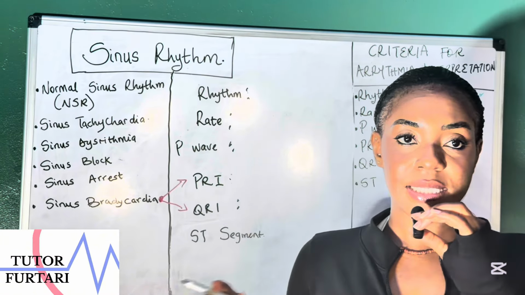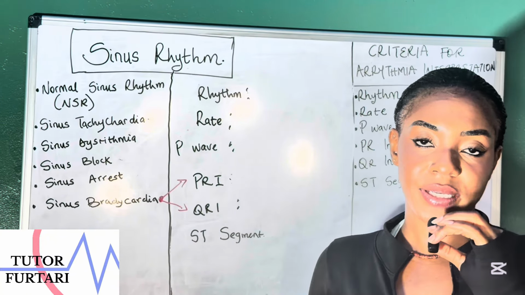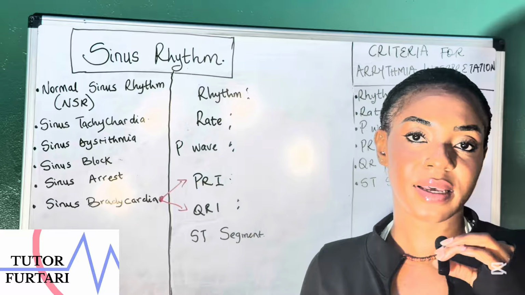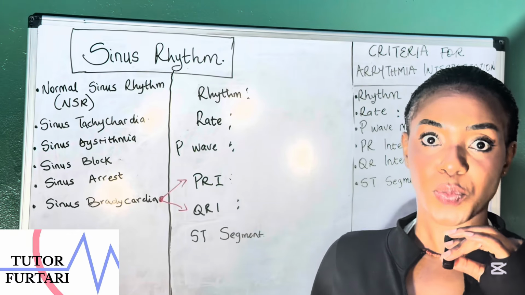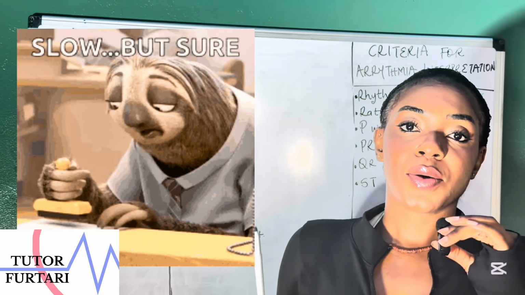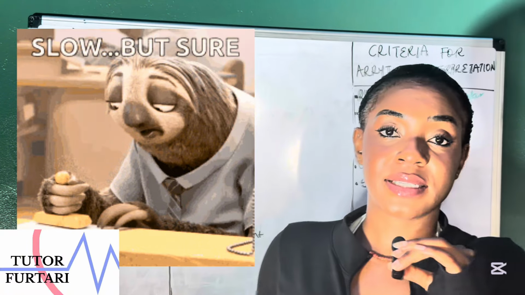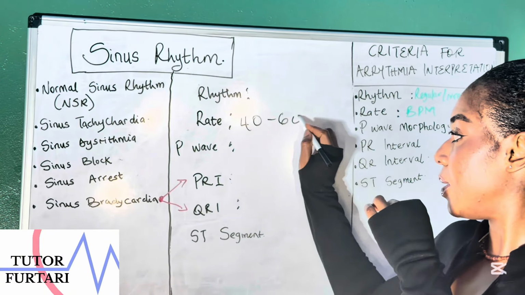And last but not least, with the sinus rhythms, we're going to talk about sinus bradycardia. Sinus tachycardia is when your heart beats super fast. Bradycardia goes slow. It takes its time. We're looking at a heart rate of 40 to 60 beats per minute.